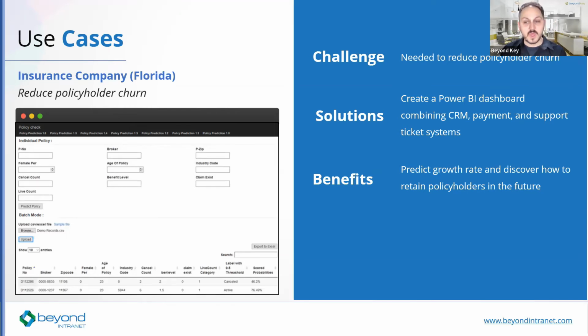So for example, when you want to start predicting who's leaving and who's not, taking a look at the information that they might have given as a prospect and then comparing it to what happens in their ticket support system might give you an idea of who might not be happy in the organization. And the more information we have on this, the more we're able to solve the problem of reducing policyholder churn.